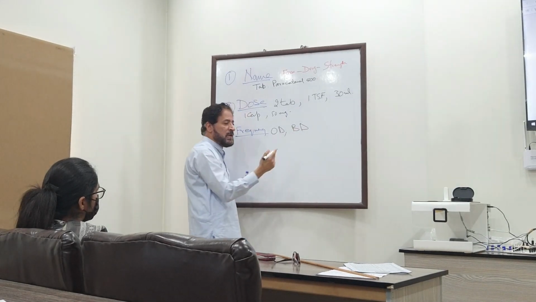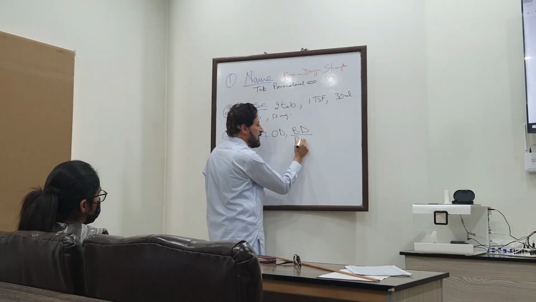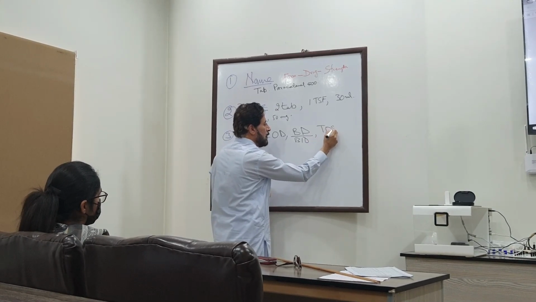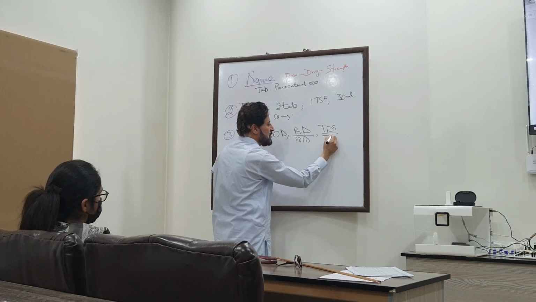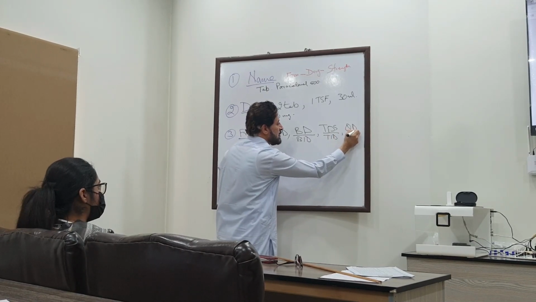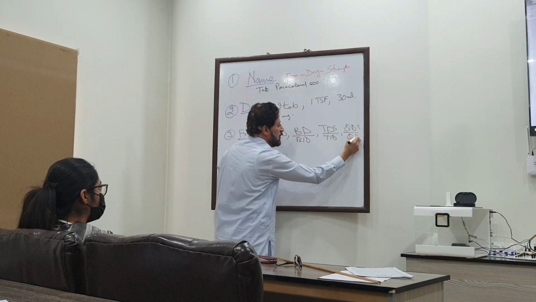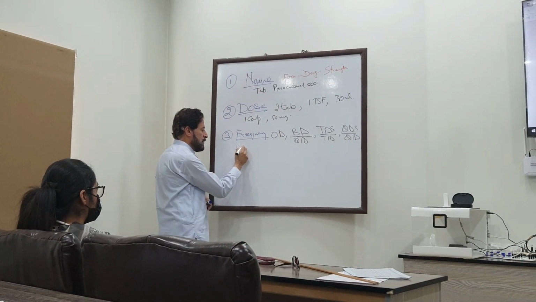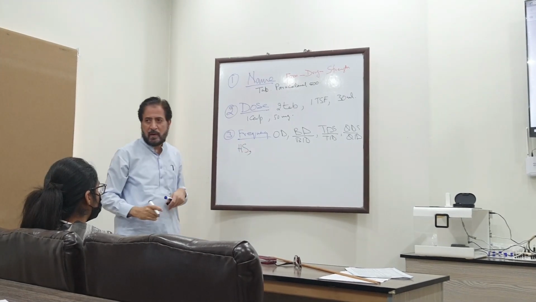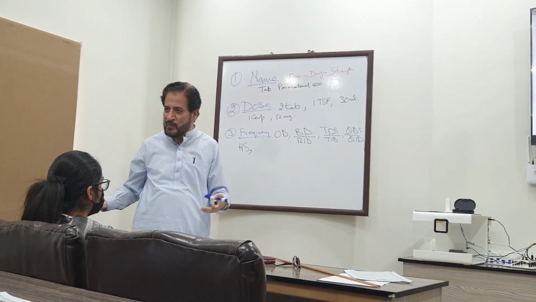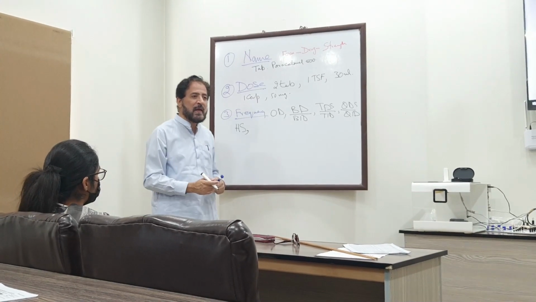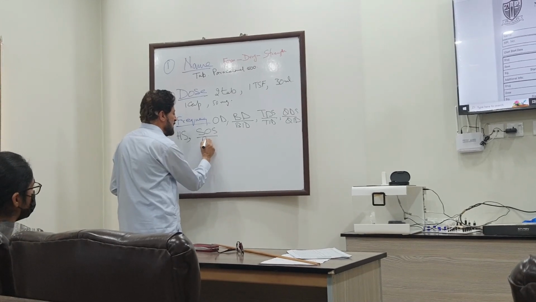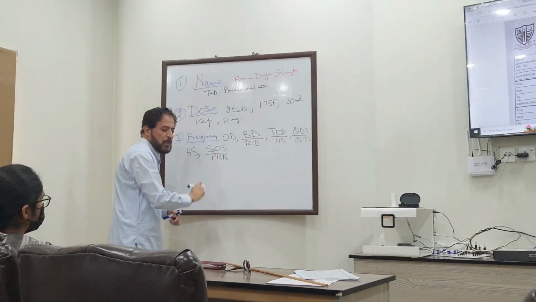BD is written as BID as well. Or it can be TDS or TID, which means thrice a day, or QDS or QID, which means 4 times a day. Or it can be HS, at the time of sleep, just before going to sleep, right? Or it can be SOS, as per required, which is also written as PRN.